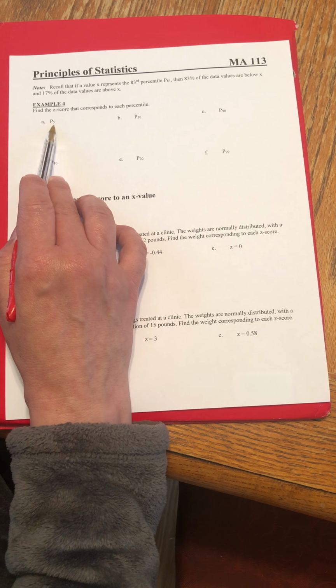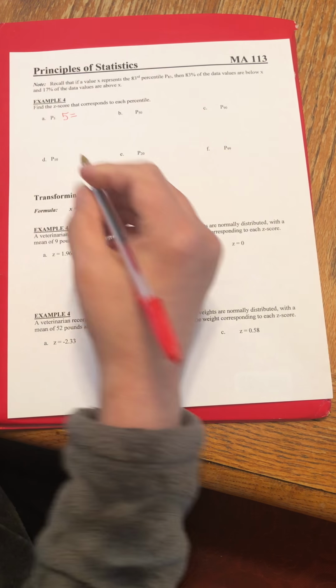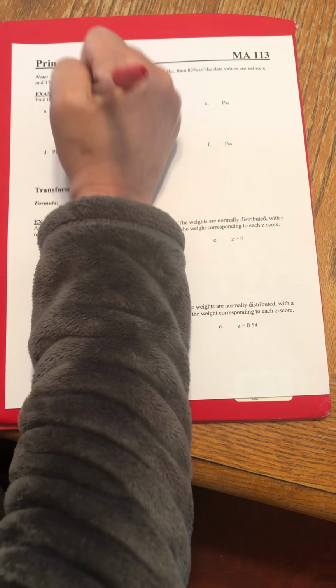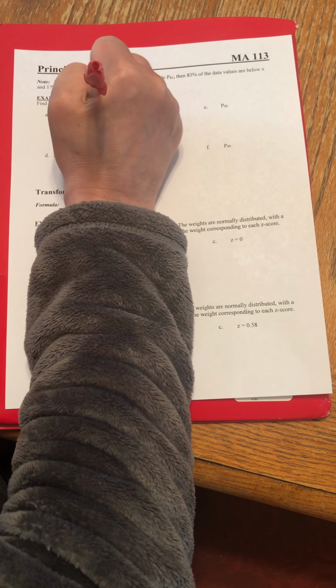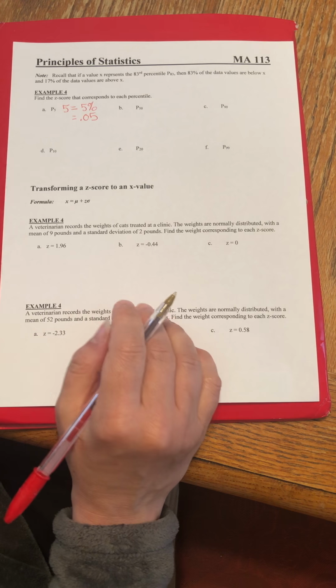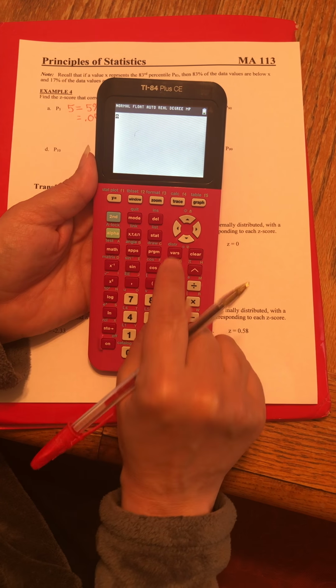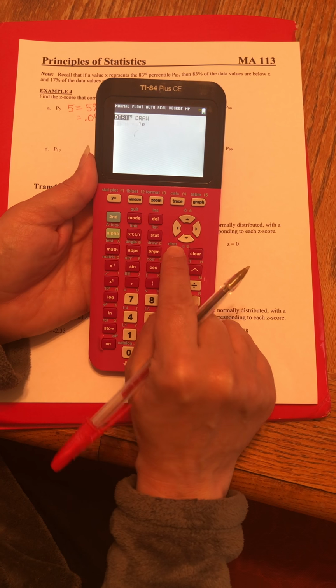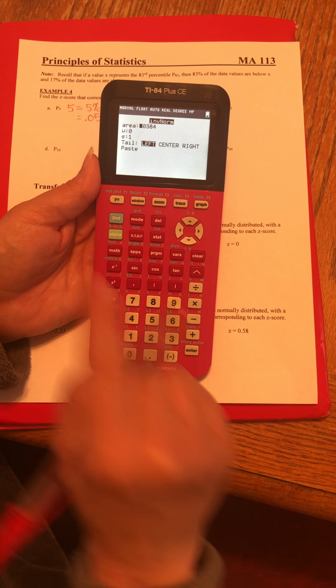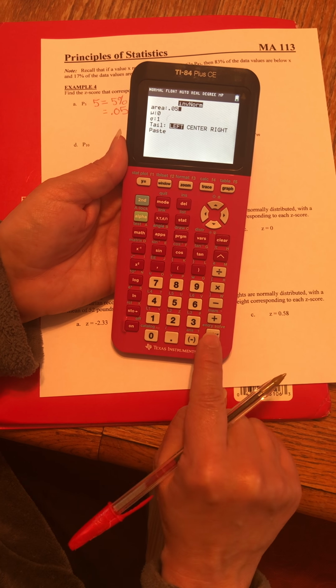So this is the 5th percentile. The 5, if it's a 5th percentile, is the same thing as 5%, which is 0.05. Now I'm going to go to second DISTR, inverse norm. The area shaded is 0.05.